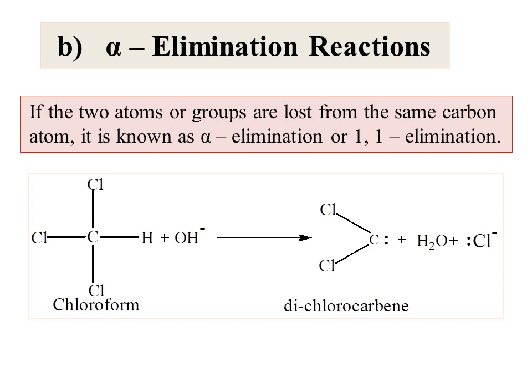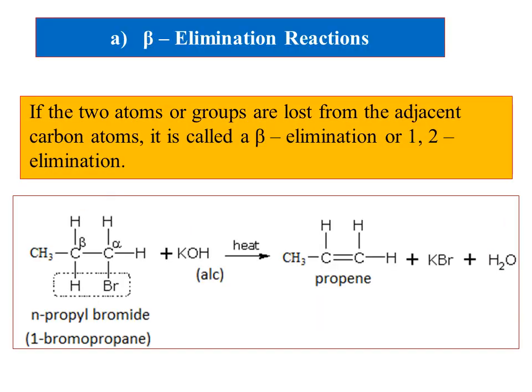Dichlorocarbene, which is an intermediate, is formed using alpha elimination. Alpha elimination we come across very rarely, but we come across a large number of beta elimination reactions. Here, if the two atoms or groups are lost from adjacent carbon atoms, that type of elimination we are going to call beta elimination or 1,2 elimination.